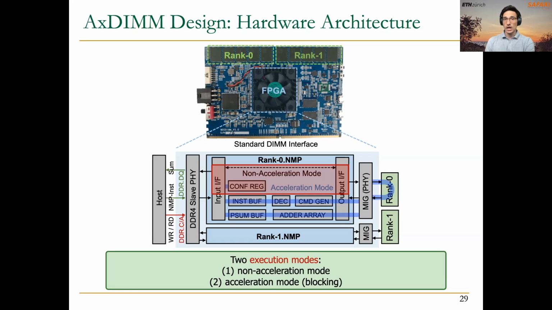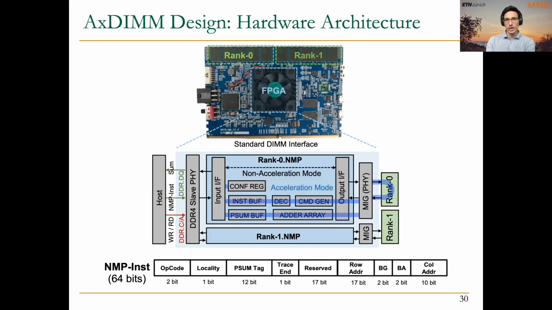And then we have the acceleration mode that is blocking, because in the acceleration mode the near memory processing units are the ones that access the data in the memory ranks in order to perform the computation, in the particular case that we are studying today, the SLS operators. They are blocking because during that time the host cannot access the memory ranks.